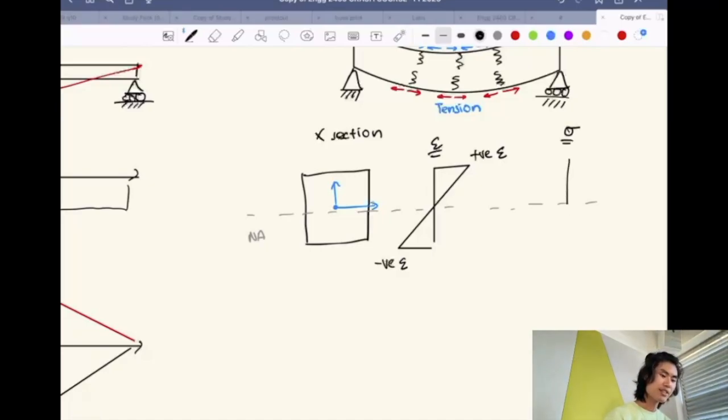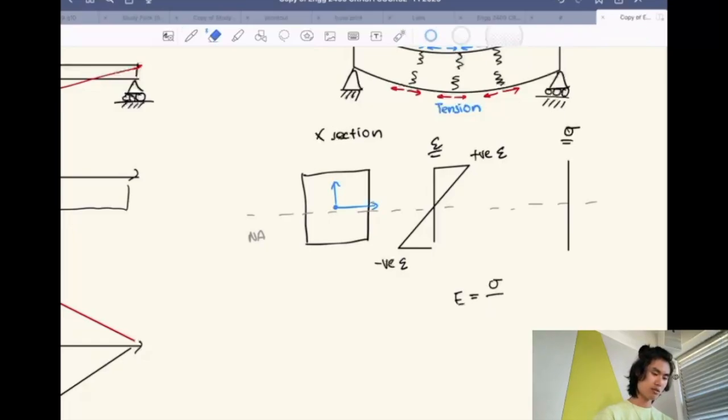Now we have the stress of the beam. Can you guys imagine how this would look? If the elastic modulus is just stress over strain, then you get this. What do you guys think?